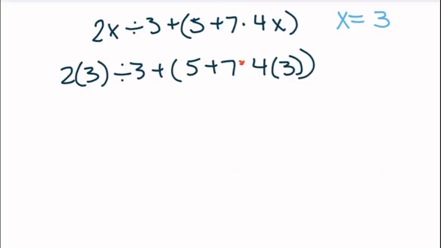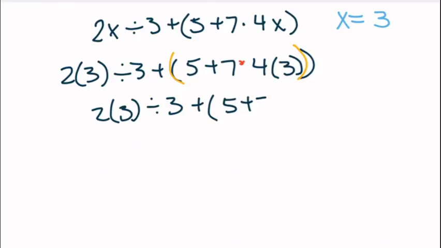So as always, we start off with the parentheses. And in the parentheses, I see two different operations, which is multiplication and so of course we do the multiplication first. So we do 5 plus 7 times 4 times 3, which is 12. And then we still have the parentheses.